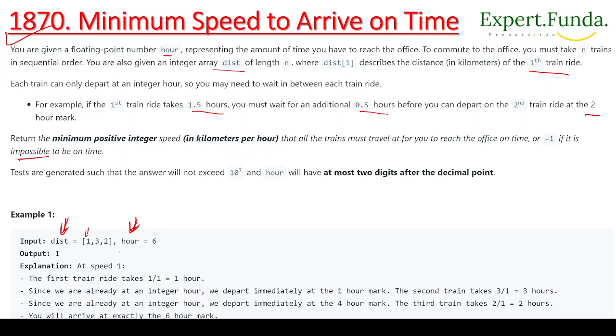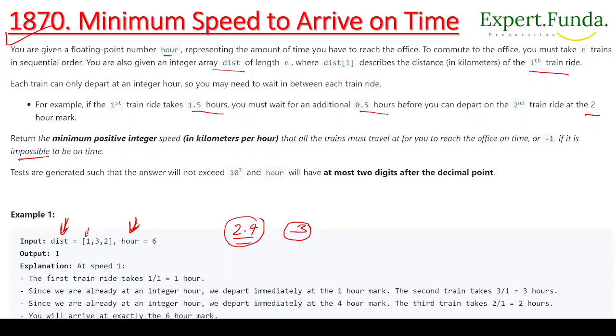So if we complete the first ride at, let's suppose, 2.4 hours, then we can only start riding the next train at the third hour. You are not going to start at 2.4, you have to go after 3.